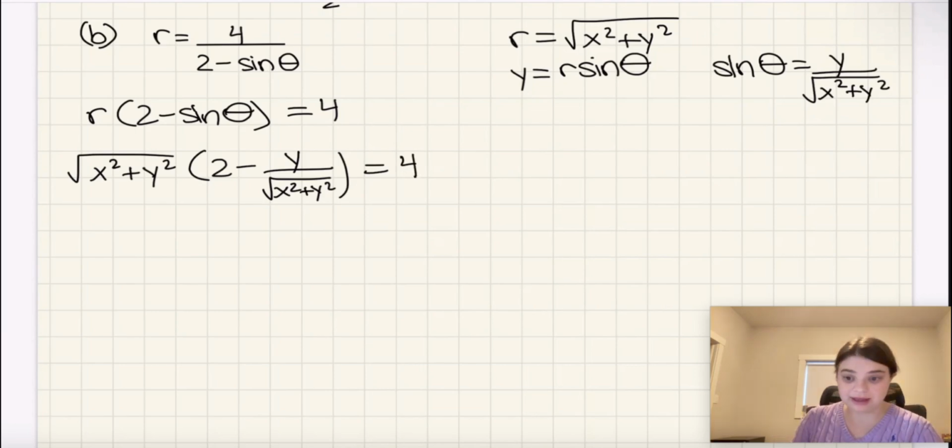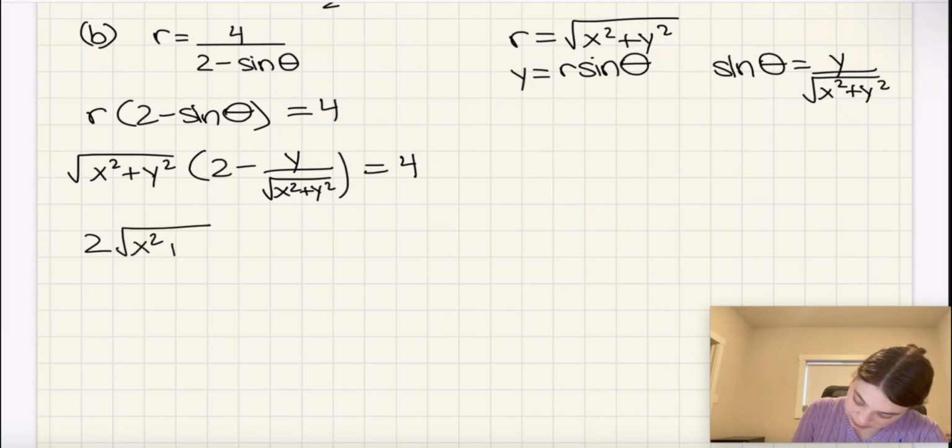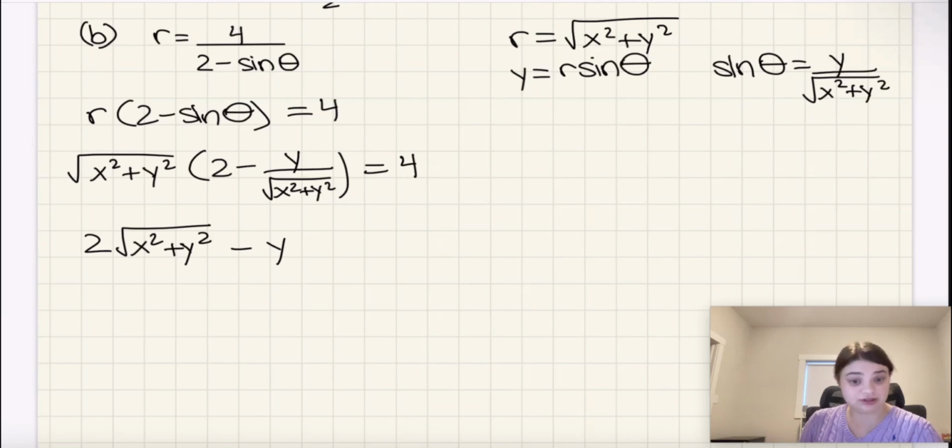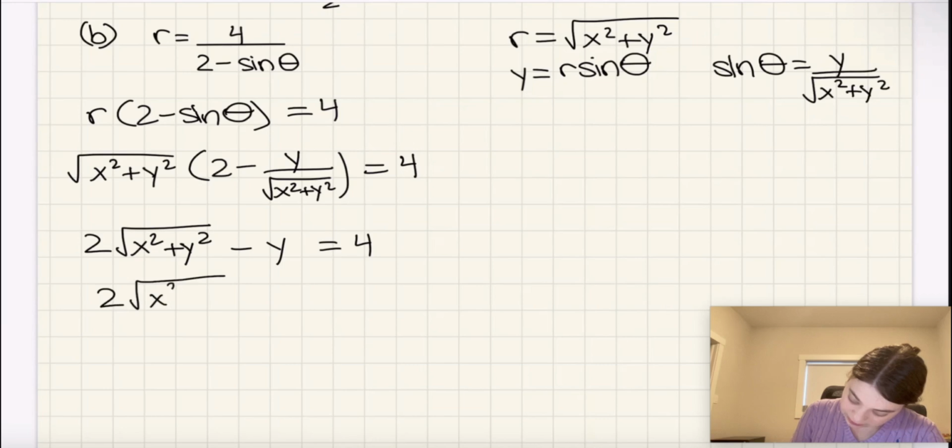And then if we multiply that through, we get 2 times the square root of x squared plus y squared minus y, and then the square root of x squared plus y squared in the numerator cancels out with that in the denominator. And that's all equal to 4. So then we have 2 times the square root of x squared plus y squared is equal to y plus 4.